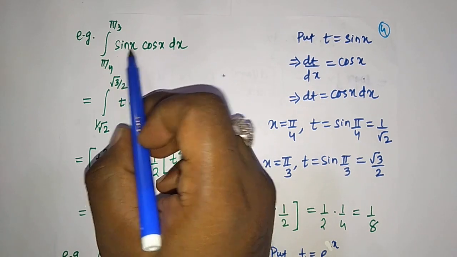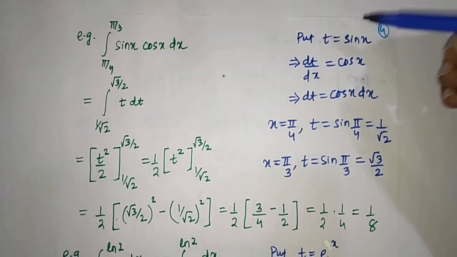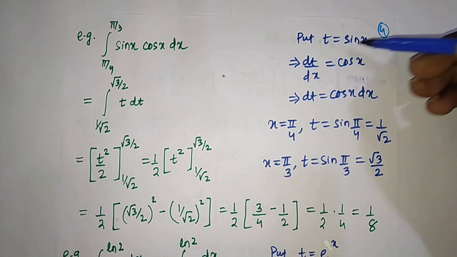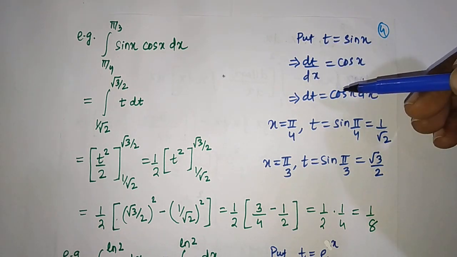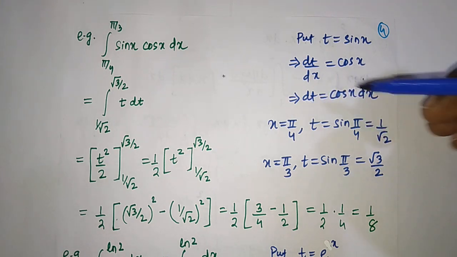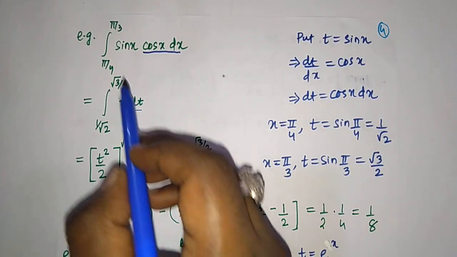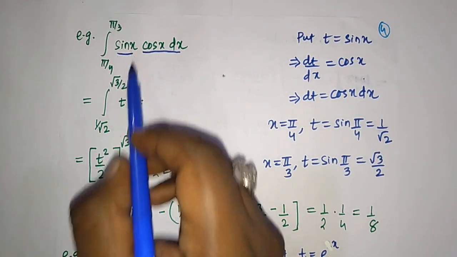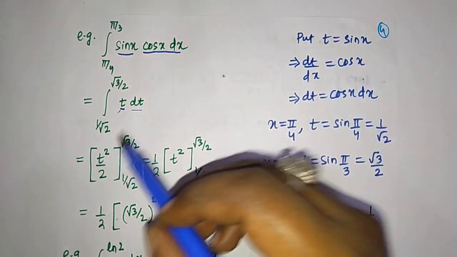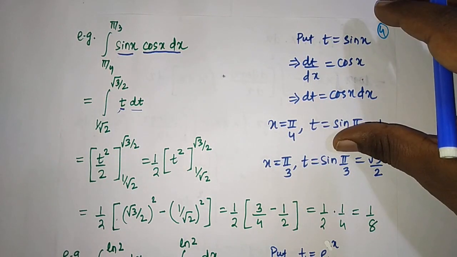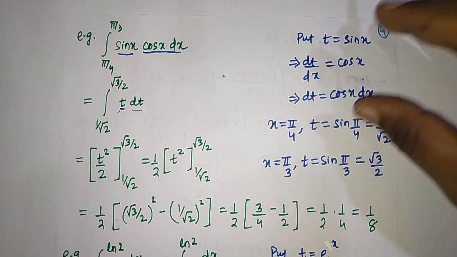We know the derivative of sin x is cos x, so we will take t equal to sin x, then dt is equal to cos x dx. So in place of cos x dx we will write dt, and in place of sin x we will write t.